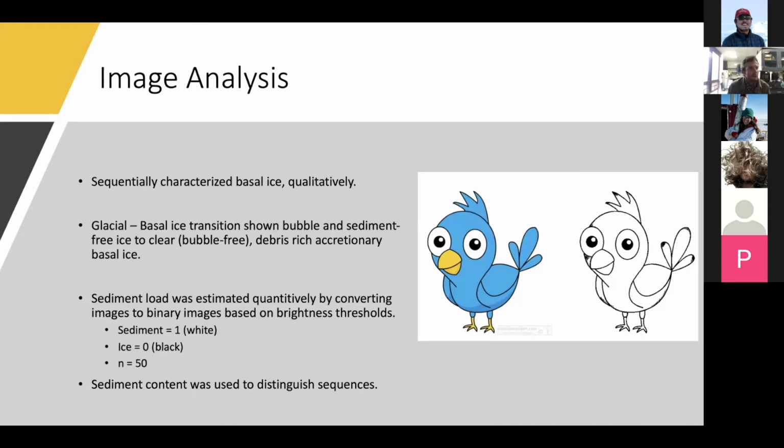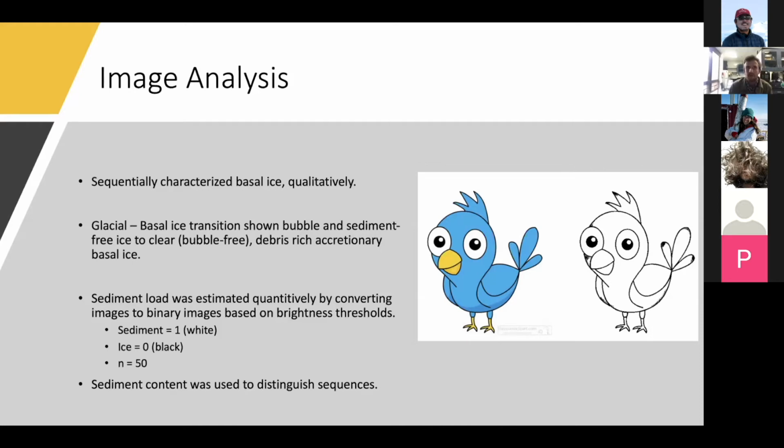The sediment load contained within the basal ice was estimated by converting images to binary images based on brightness thresholds and previously published methods. Each pixel was replaced with a value 1, or a white pixel, if the brightness was greater than the designated threshold, and all pixels lower than the threshold were given a 0 value. In this case, sediment was represented by white values or 1s, and the basal ice by black or 0.